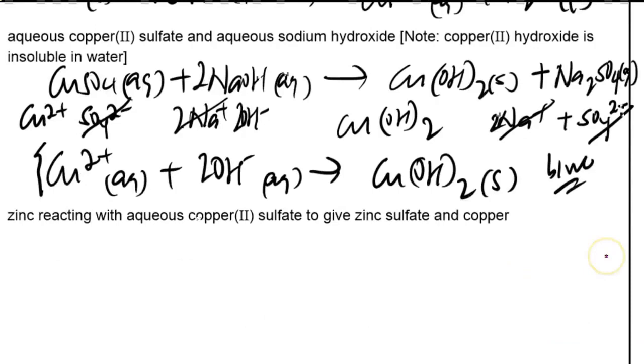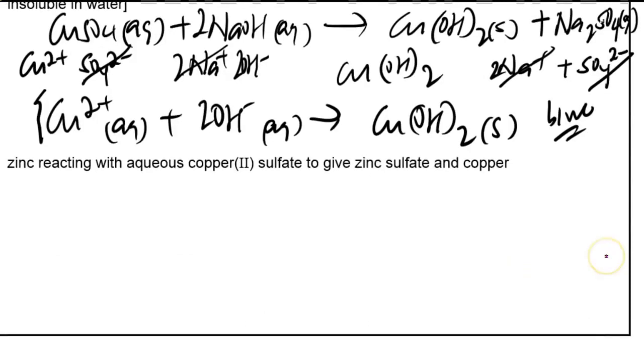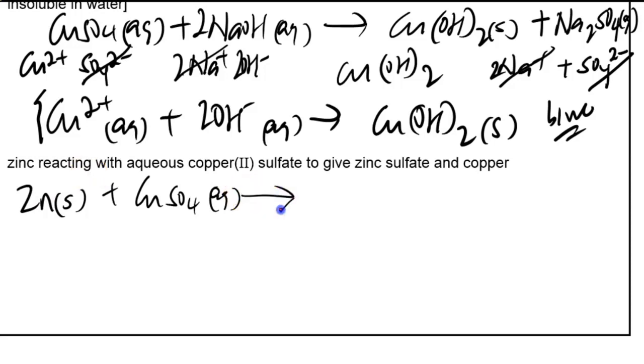The last equation here is a reaction between zinc, which is obviously a metal, so it's solid, with aqueous copper 2 sulfate. This is a reaction which you will learn later on to be known as a displacement reaction. Zinc can displace copper from copper 2 sulfate because zinc is more reactive than copper. For this question, it has already given you the products of the reaction.